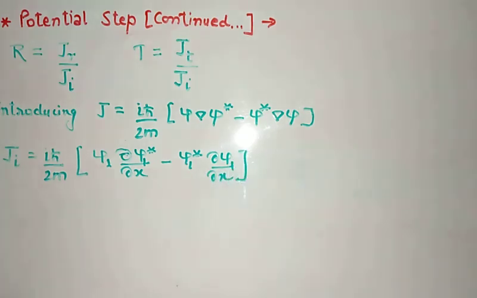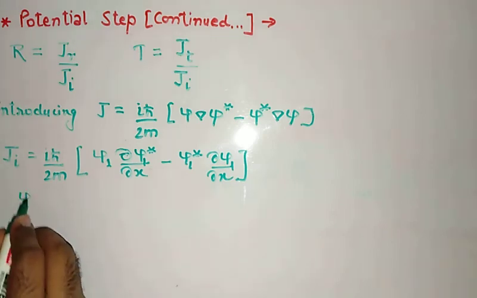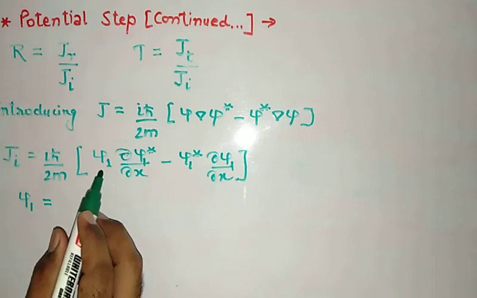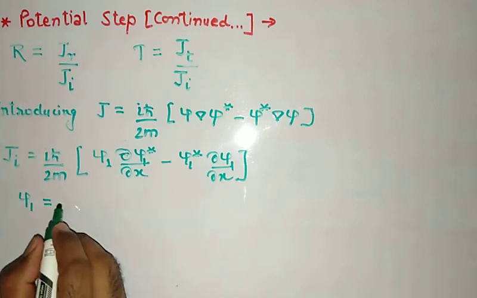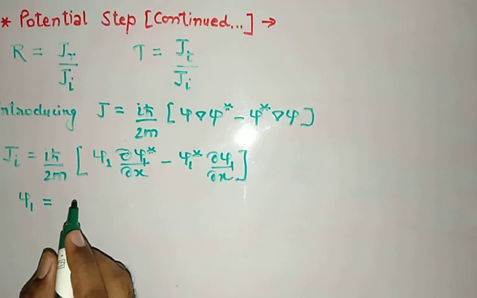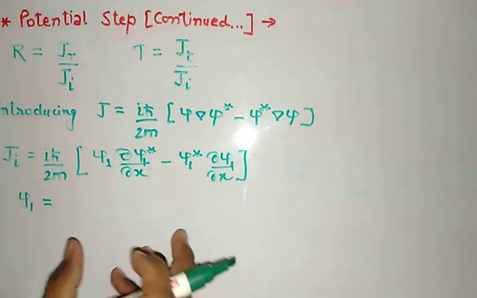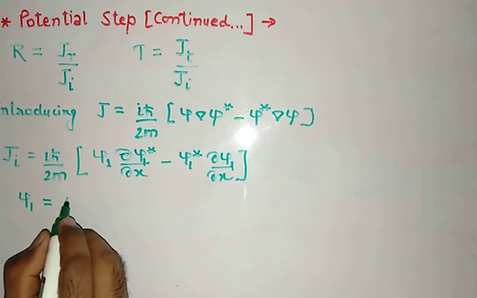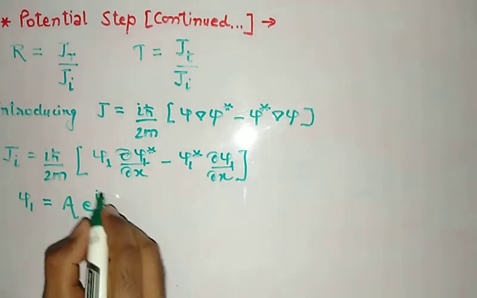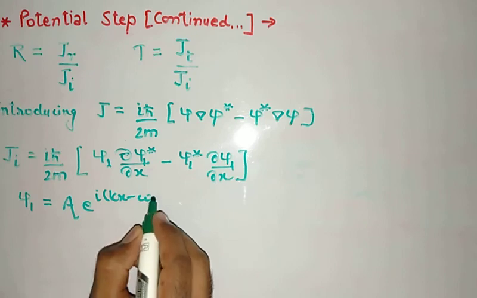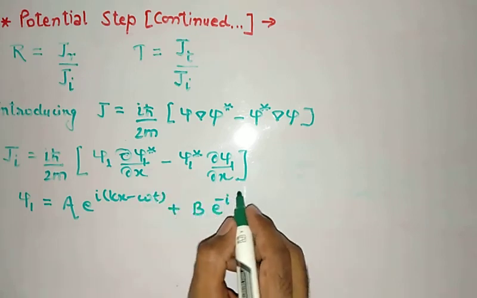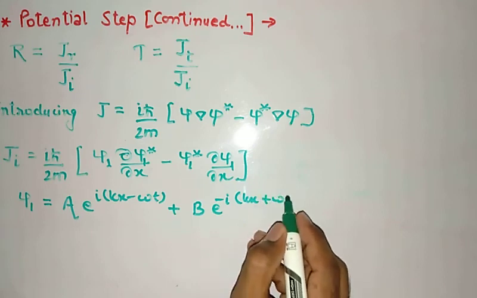This is 1. We know that for psi 1, we are using it for incidence, so we will take only the incident part. Recalling in short, what we have taken is a e to the power i(kx minus omega t) plus b e to the power minus i(kx plus omega t).